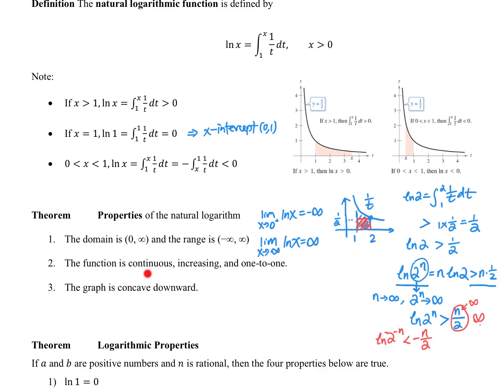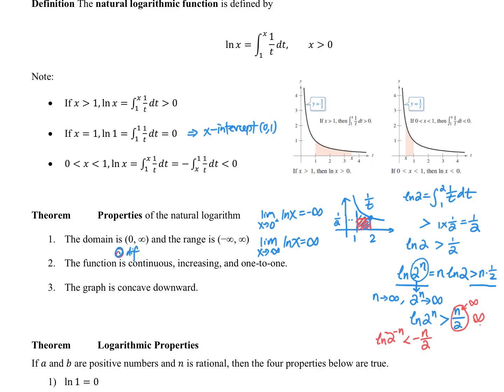The function is continuous. This is really coming from the fundamental theorem of calculus, right? The derivative of this is just 1 over x. So that means it's differentiable. Because it's differentiable, it is continuous.